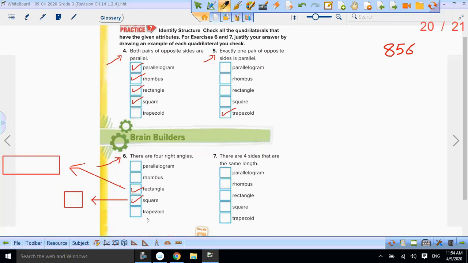No. Okay, question 7. There are four sides that are the same length. Parallelogram has four equal sides? No. Rhombus has four equal sides? Yes. Rhombus, and we can draw a rhombus.